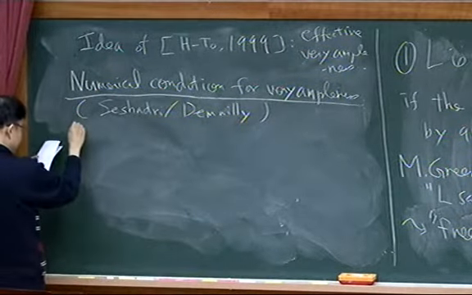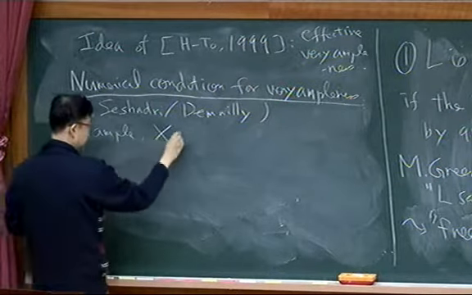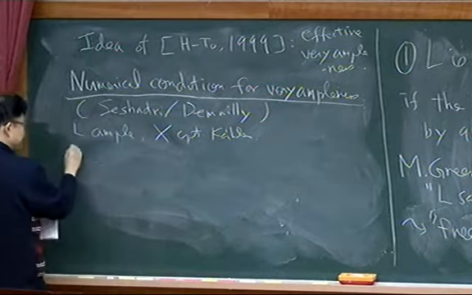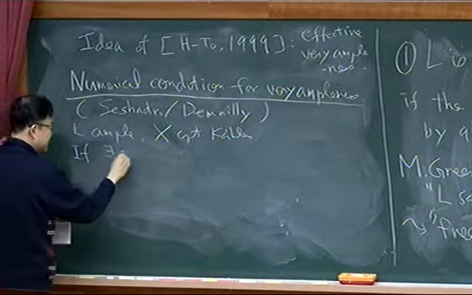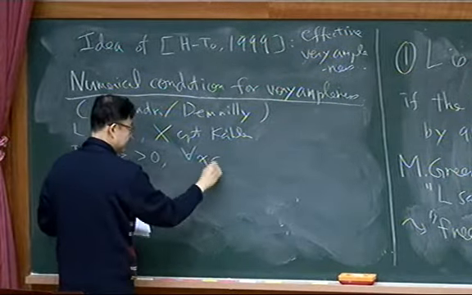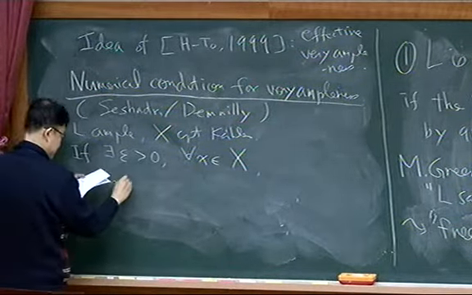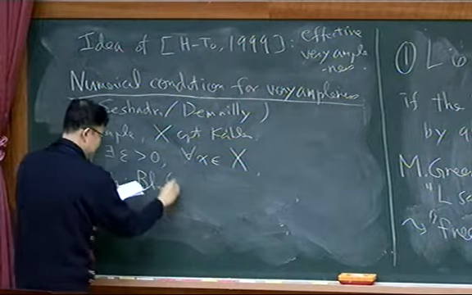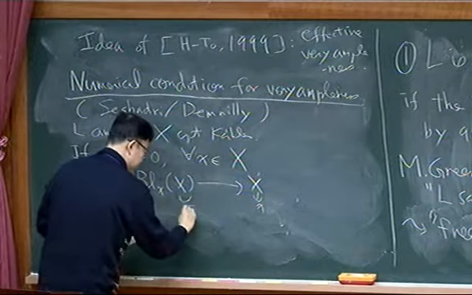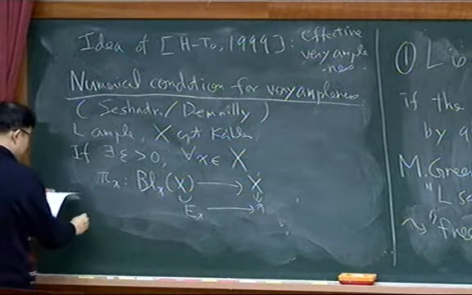If L is ample, X compact Kähler, then if there exists some real number epsilon such that for all x, you consider the blow-up of that point with exceptional divisor E_x.